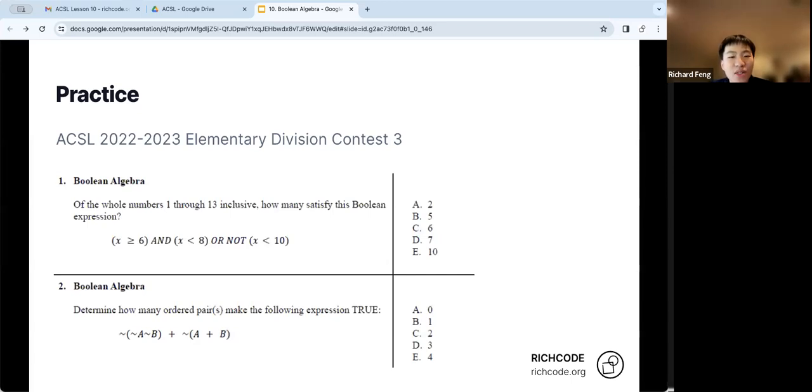So the plus sign is or, the multiplication sign is and.